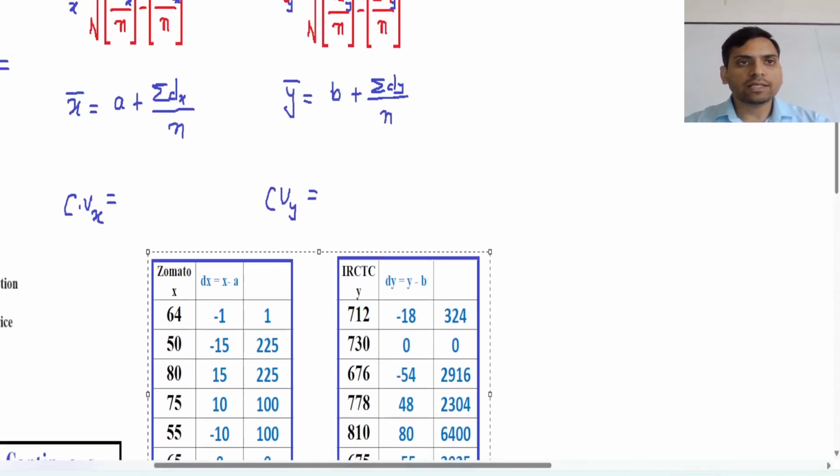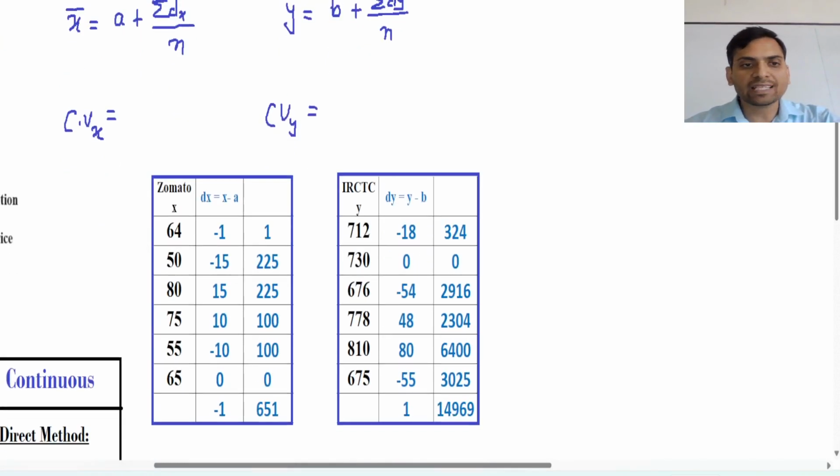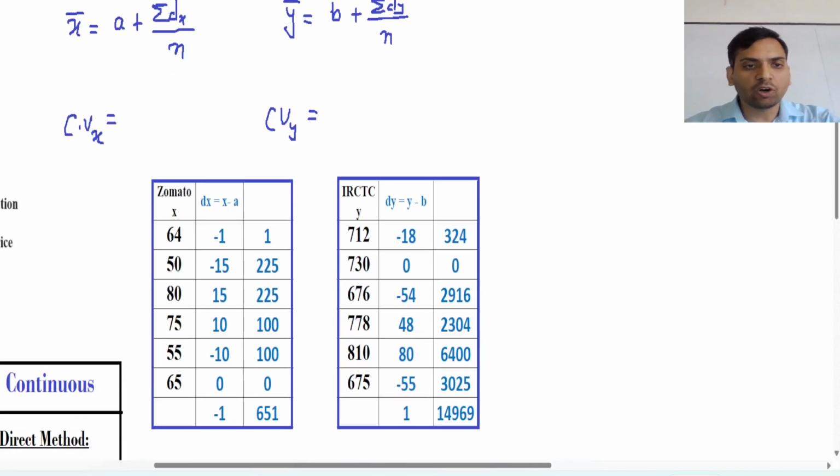For the first data set we find dx equals x minus a, and for the second dy equals y minus b. In the x column you may take any value, but we take approximately the middle, meaning highest plus lowest divided by 2, near about. So we take this as a in the first data set, and in the second data set we consider 730 as b.